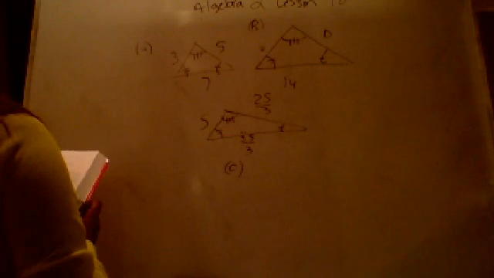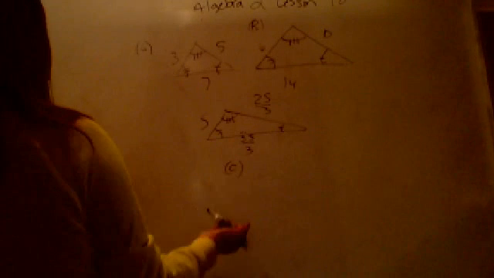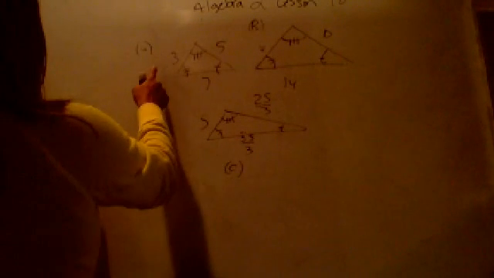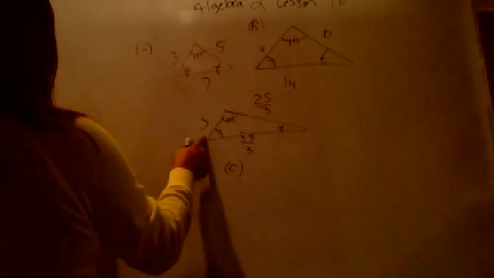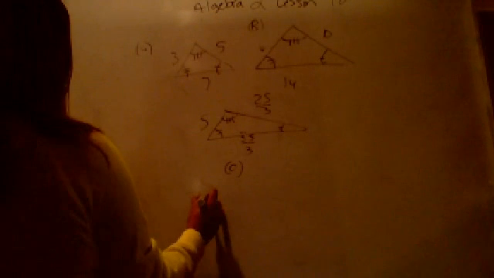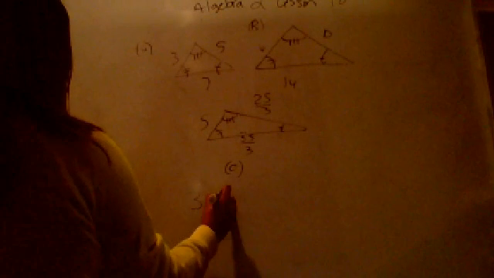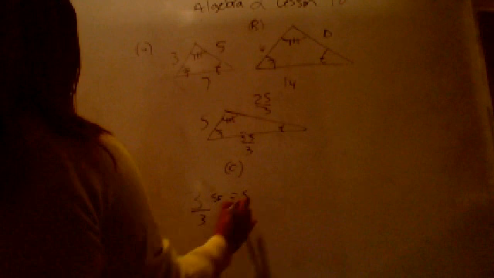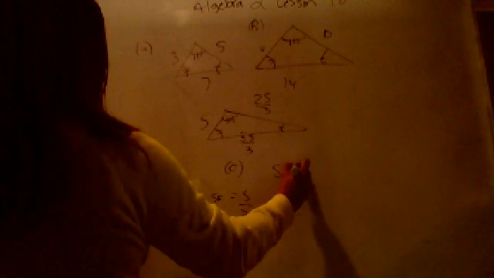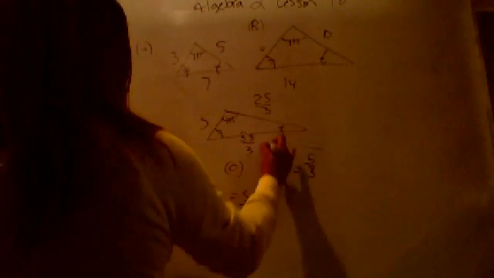At the same time, the scale factor from A to C is 5/3. We go from 3 to 5. We say 3 times the scale factor is equal to 5. We divide by 3, and we get the scale factor is equal to 5/3.